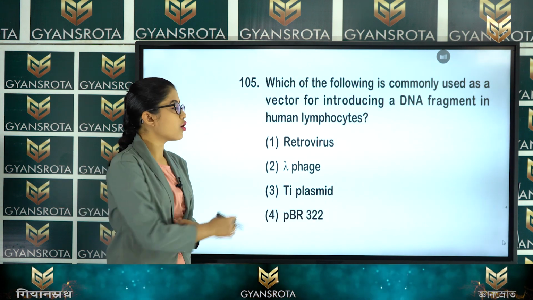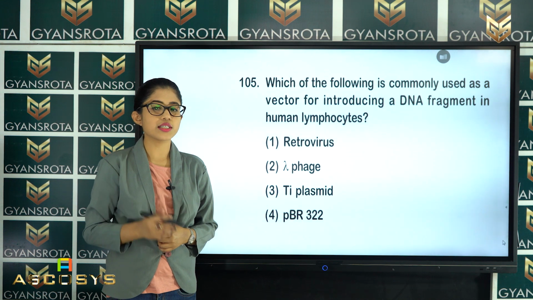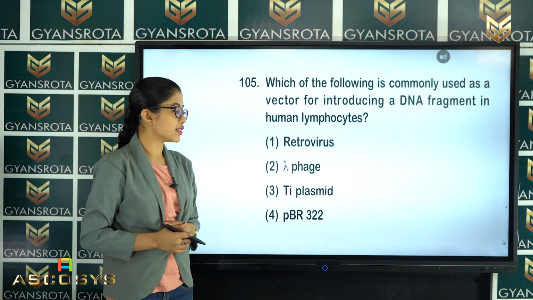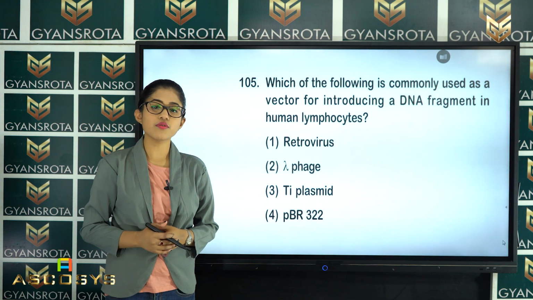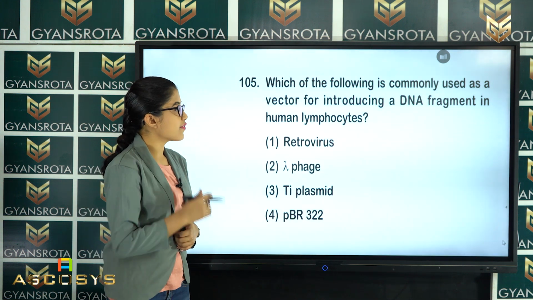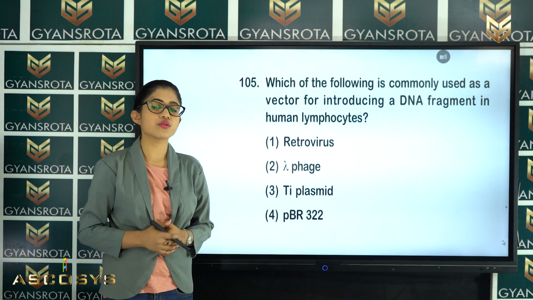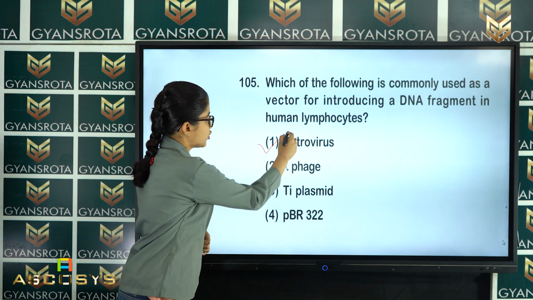We have discussed all these different types of vectors, and in fact we have also discussed them in the applications of biotechnology. There we have discussed the vectors, and lymphocyte is also from the chapter Human Health and Disease, right? So the vector which is used for introducing the DNA fragment in the human lymphocyte is option number 1, retrovirus.